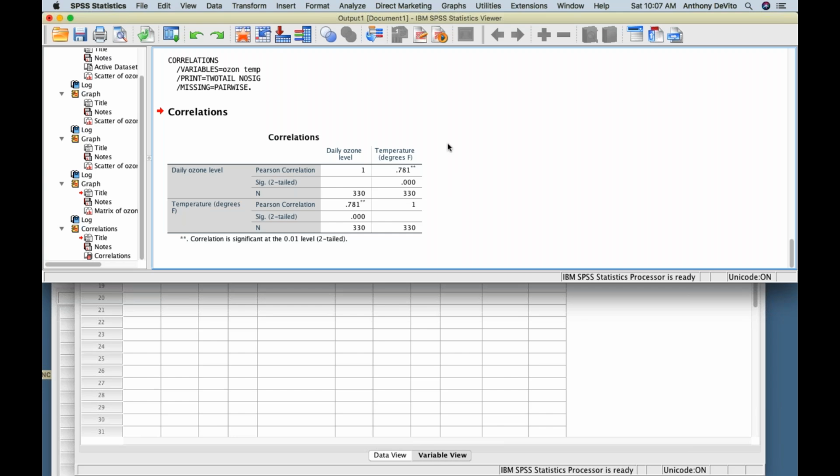In words, our null hypothesis is that there's no association between the ozone level and the temperature. Our alternative hypothesis is that there is an association between the two of them. Well, how would we write that symbolically? Symbolically, we would say Pearson's R value is equal to 0 as our null hypothesis.